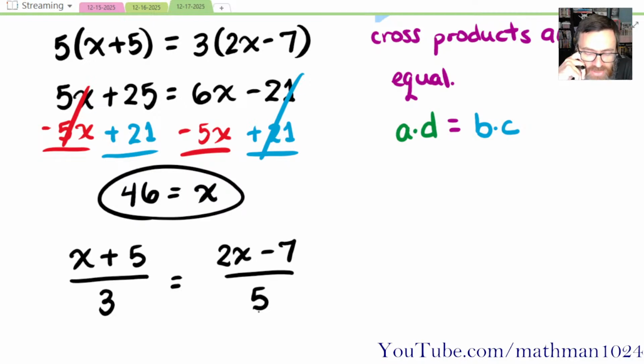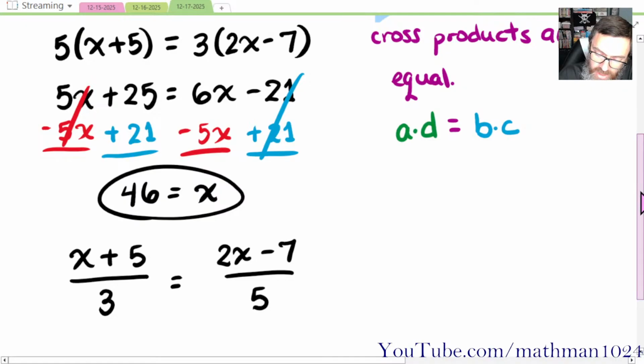That's one of those things that we just know about fractions. If fractions are equal, if they mean the exact same spot on the number line, that means they're proportions, and so the cross products have to be equal.